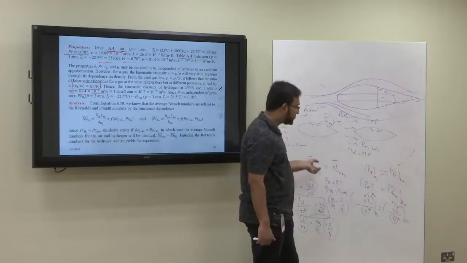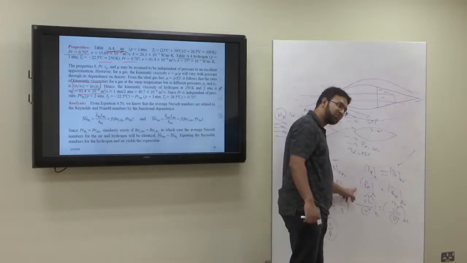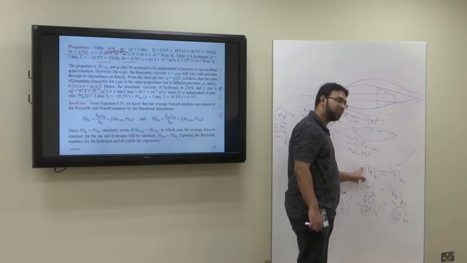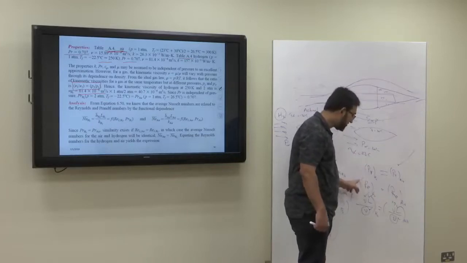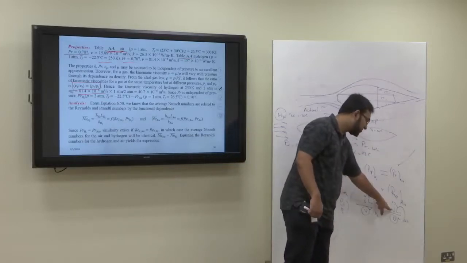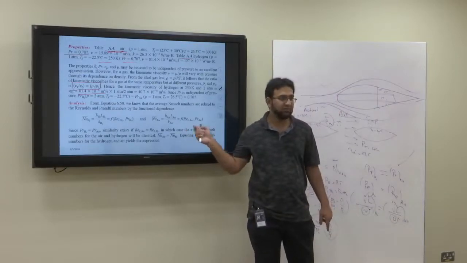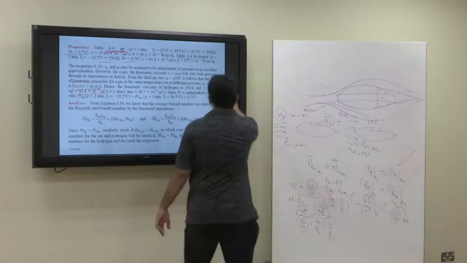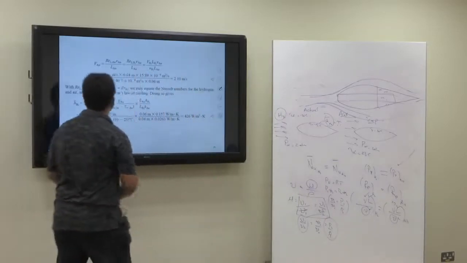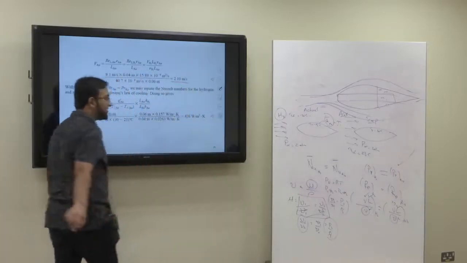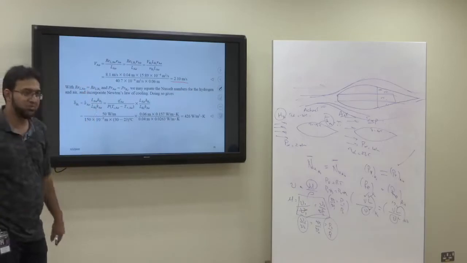For that, we need to make sure that the Prandtl numbers and the Reynolds numbers are the same. Prandtl numbers we found by the properties, they are the same, but the Reynolds number will be the same if the velocity is what we calculate. If after calculation we find the velocity is 2.1 meter per second, then the two Reynolds numbers will also be the same.